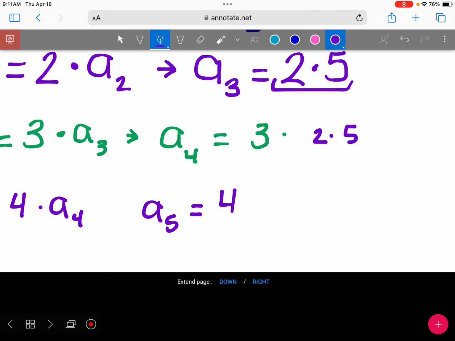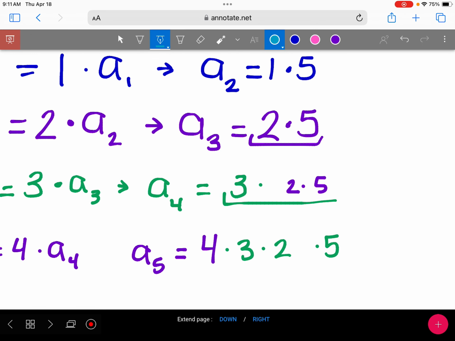So we have our 4 times, and I'm going to use this guy, 3 times 2 times 5. And in fact, if I had included this 1, it might make it a little bit easier. Do we notice a pattern here? What is it when we multiply a number times all the numbers after it? Do you guys remember? It's been a hot minute since we used them.